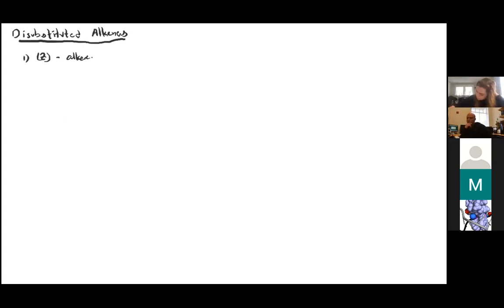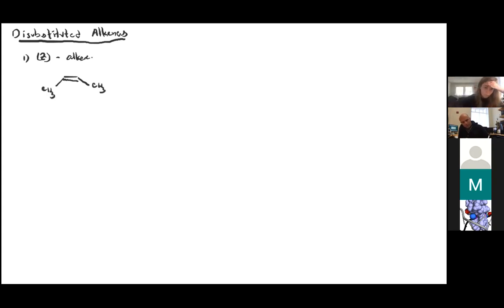And so the first one we'll consider is going to be a Z-alkene. This is the easier example. So substituents on the same side of the olefin. And we're going to say that our model system will be cis-2-butene.